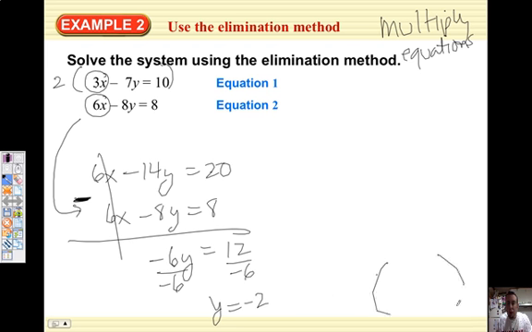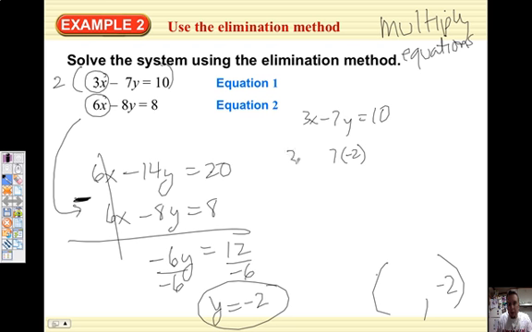So far I got negative 2 over here for y. Plug in y back into one of these here. It doesn't matter which one. Let's go with the first one. 3x minus 7y equals 10. Y is negative 2. So negative 2 goes here for y. 3x minus 7 times negative 2 equals 10.